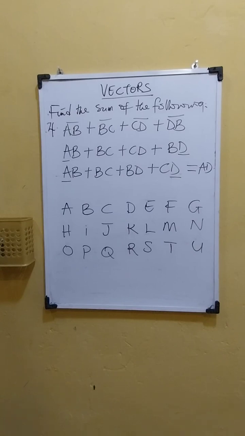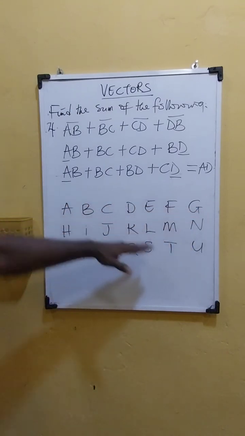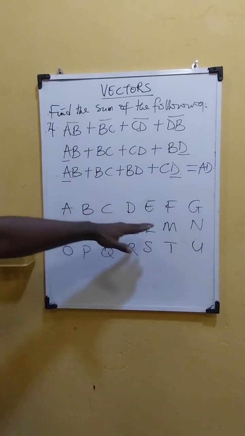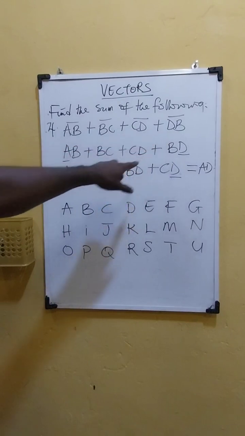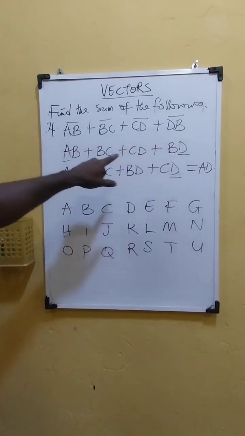So the beauty about this vector is that you must always consider the alphabetical order arrangement. That is what you need to consider. If you're not considering alphabetical order arrangement, it becomes an issue for you to get your final result. This is where a lot of people make the mistake, this DB.